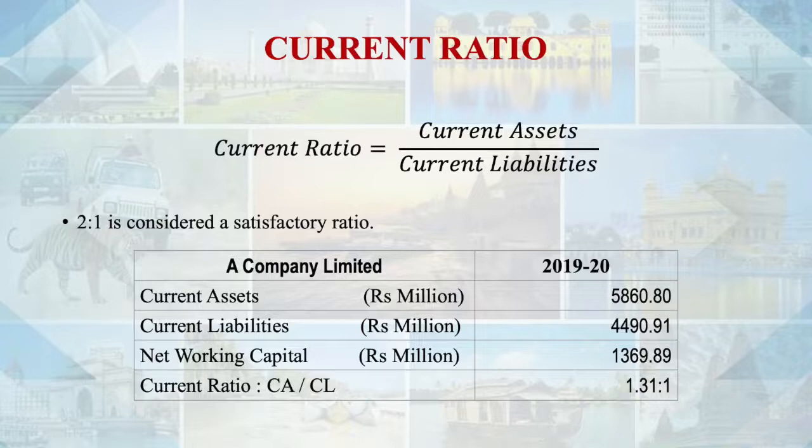So if the company has to pay the current liability, they are in a position to pay it. But if they pay it, the remaining will be only 0.31 with the company after paying the liability.